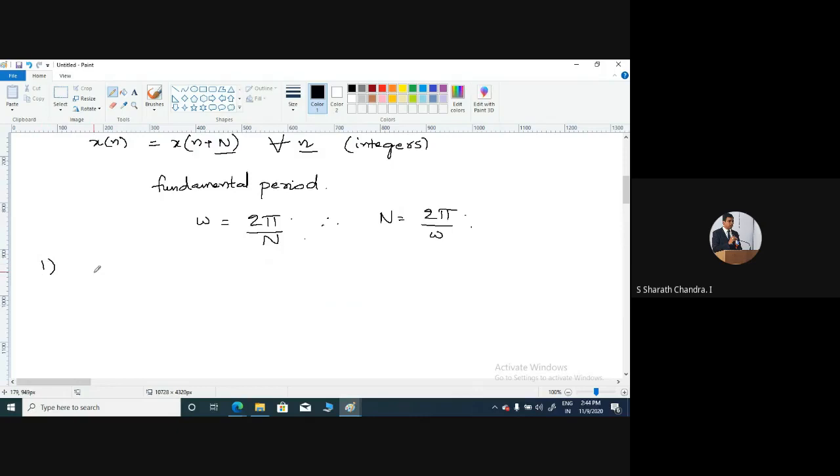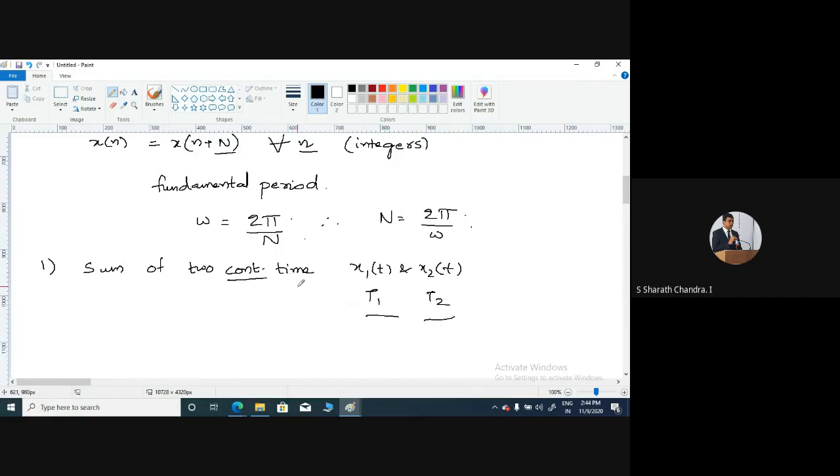The first one is, whenever you talk about the sum of two or more continuous time periodic signals, like let us consider them as x1 of t and x2 of t with periods T1 as well as T2, the sum of two continuous time periodic signals may be periodic or may not be periodic, and it depends upon the relation between T1 and T2.